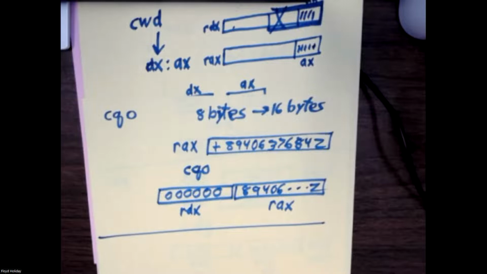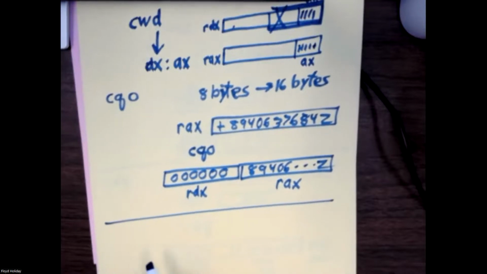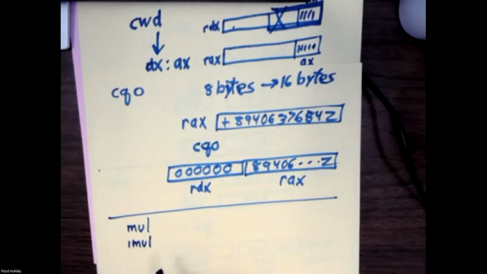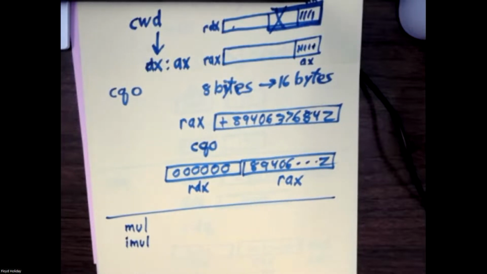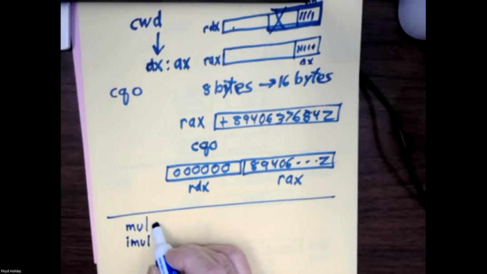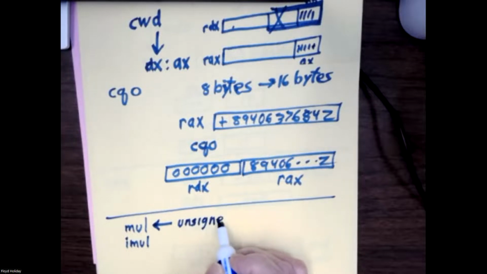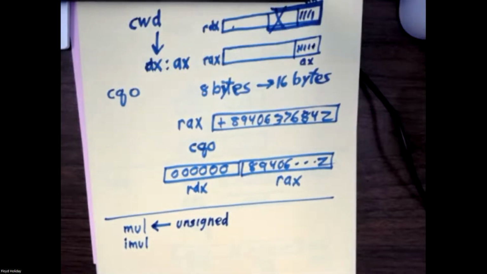Now, why do we need this? Here's the answer. It has to do with these two instructions, mul and imul. That's multiplication. This is multiplication of unsigned integers. If it's unsigned, the high order bit doesn't count as a plus or minus.